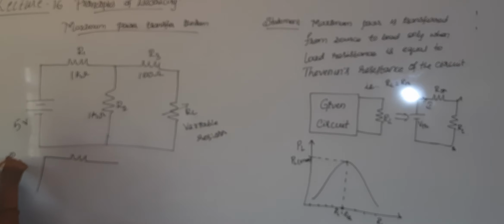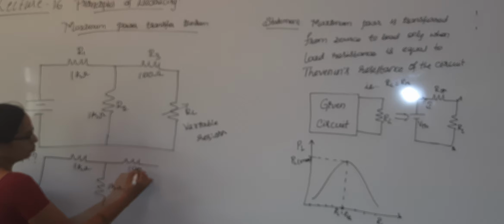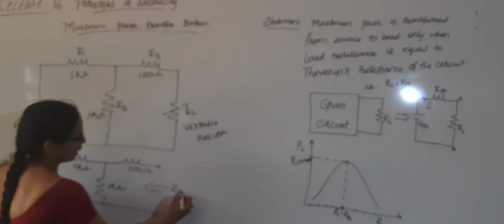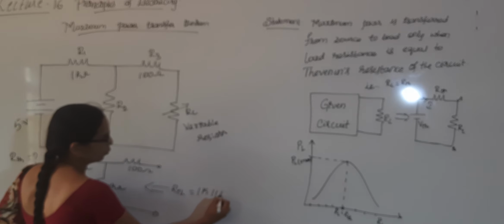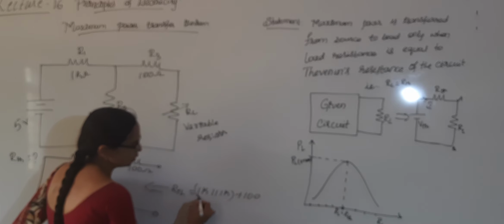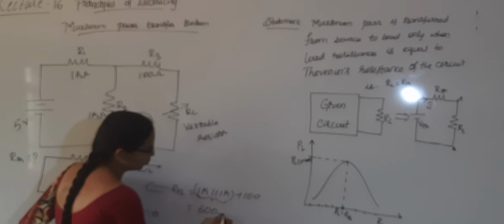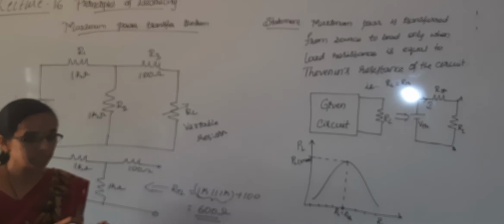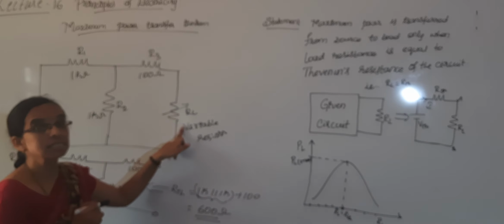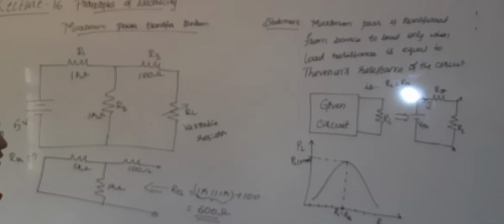To find RTH, R1 is 1 kilo ohm, and 100 ohm. RTH will be calculated as 1 kilo parallel to 1 kilo plus 100, that is 500 plus 100, which is 600 ohm. Maximum power should be transferred only when the RL value is equal to 600 ohm. Okay.